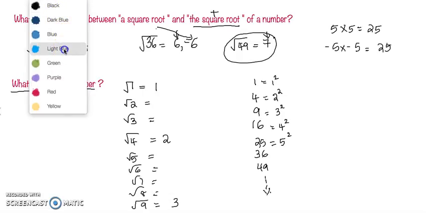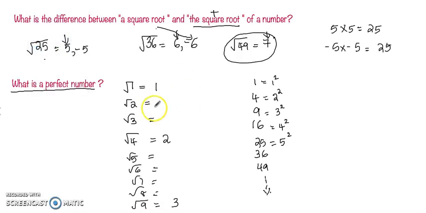If we think about it, the square root of 2 is going to be 1.41, and it's going to be a lot of decimals. The square root of 3 is again going to be 1 point and a lot of decimals. So all we can say about radical 2 and radical 3 is that they lie between the whole numbers 1 and 2.